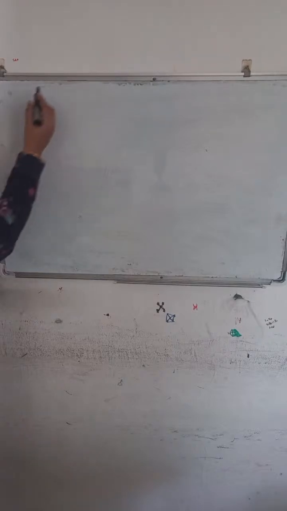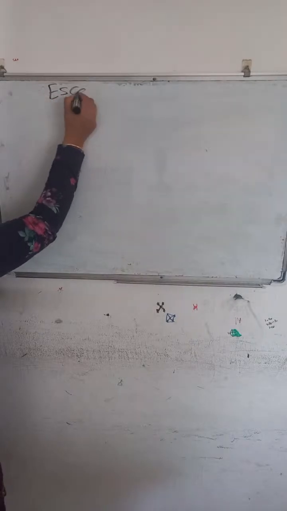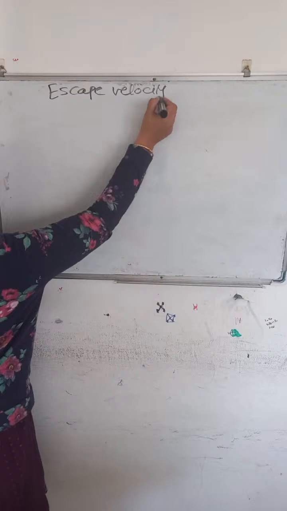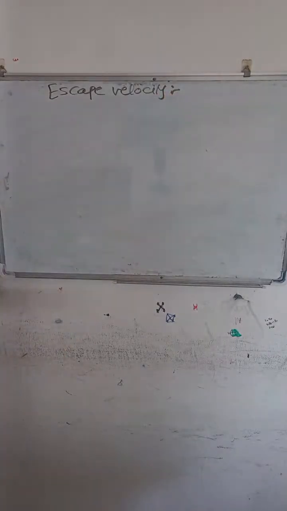Give the heading escape velocity. Here we are providing some velocity to the object, the minimum velocity which we provide to this body so that it escapes from the gravitational field.